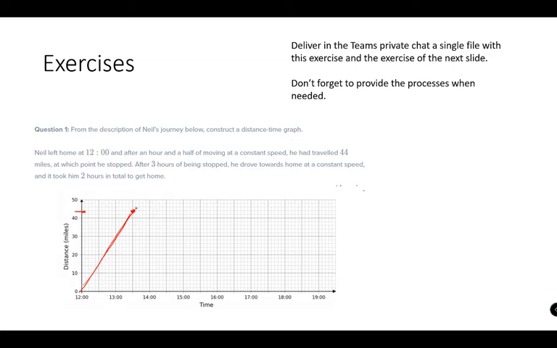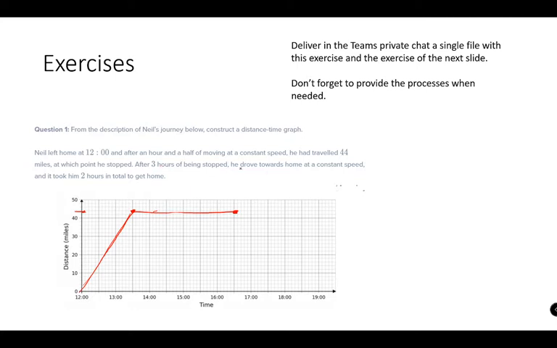Half an hour, 1 hour, 2 hours, 3 hours. He didn't move for 3 hours. Remember that a completely horizontal line represents that the mobile is not moving.